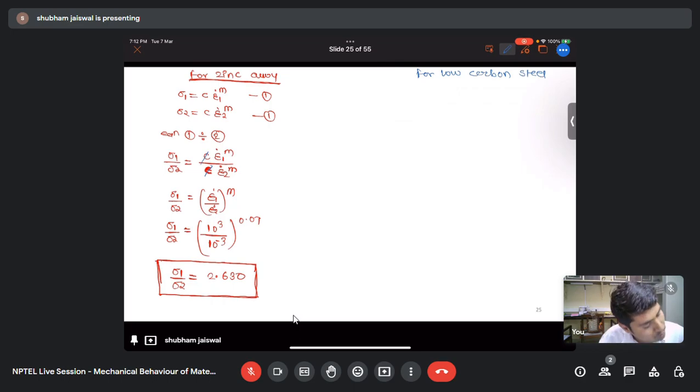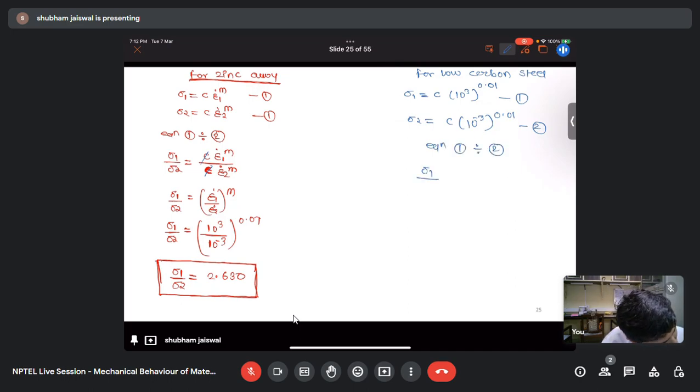So sigma 1 equal to C (10 to the power 3) to the power 0.01, and sigma 2 equal to C (10 to the power minus 3) to the power 0.01. So here, if I do equation 1 divided by 2, sigma 1 by sigma 2 is equal to C 10 to the power 3 to the power 0.01 divided by C 10 to the power minus 3 to the power 0.01.